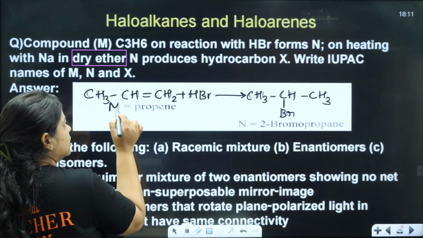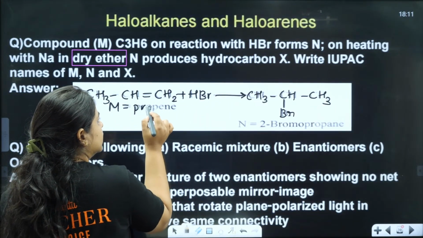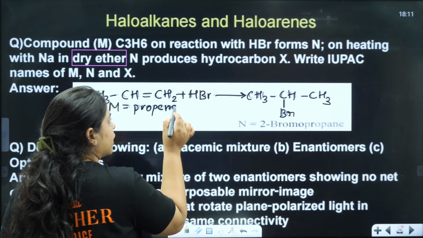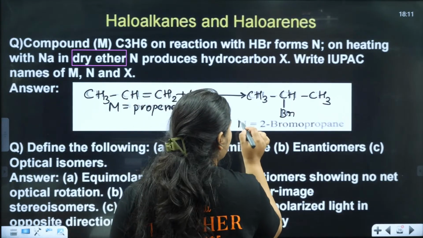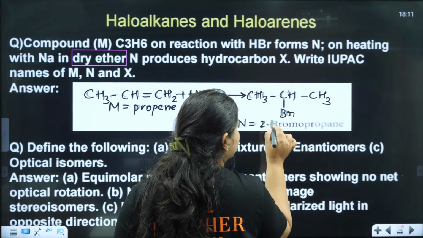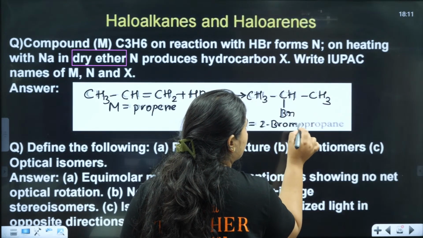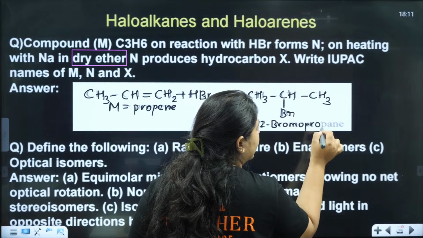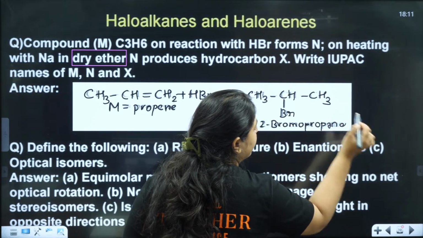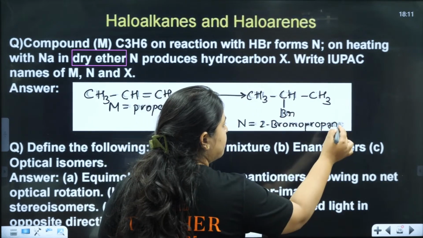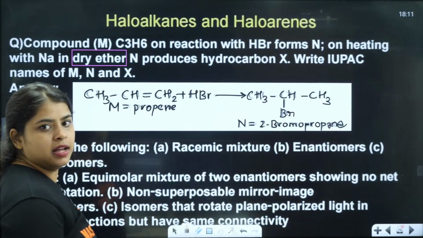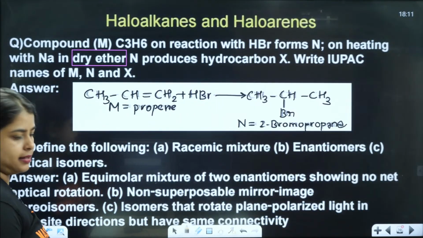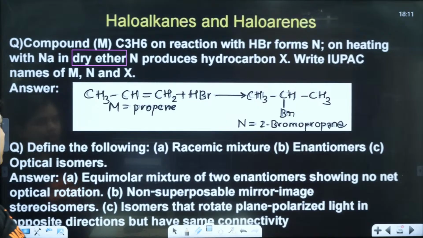So M is propene, and N is 2-bromopropane. Clear? Is it visible properly now? Yes, this is how the reaction forms.